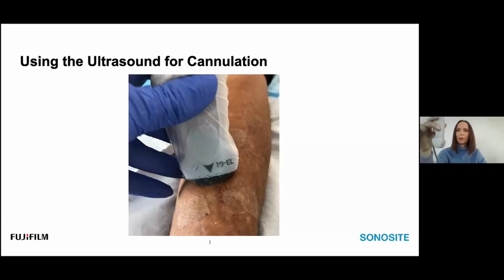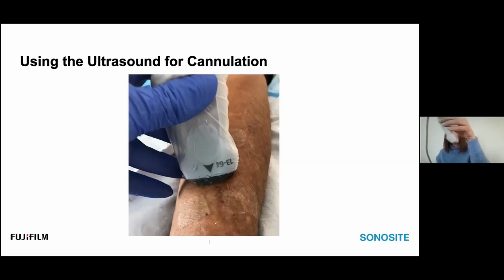So if you think about the beam coming out of the end of the probe and it's the thickness of a credit card, you're going to see directly beneath the probe. If I now angle my probe this way, then I'm shooting the beam out and I'm not seeing what's directly beneath. So you can imagine if I'm putting the needle in this way, I'm projecting it farther to one side. If I'm putting my needle in from this side, I may never actually see the needle.